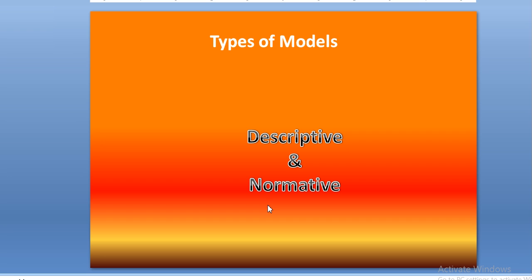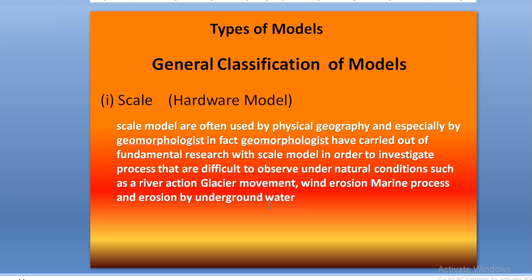So let's see the general classification of model. A large number of models have been designed, adapted and applied by geographers. A more simple classification of models illustrated with examples has been given as follows. First is scale model, also known as hardware models.